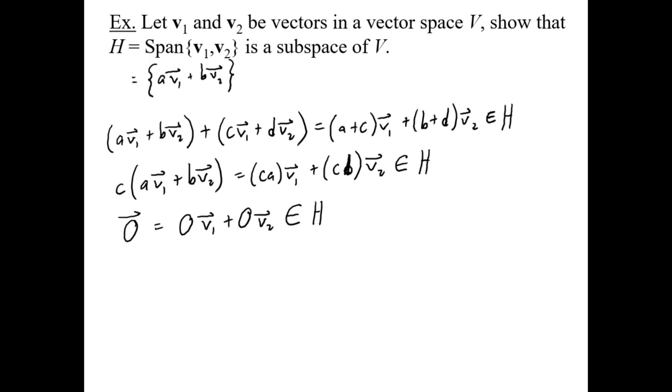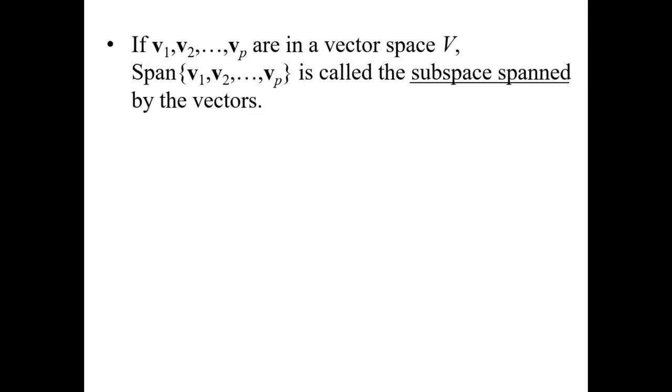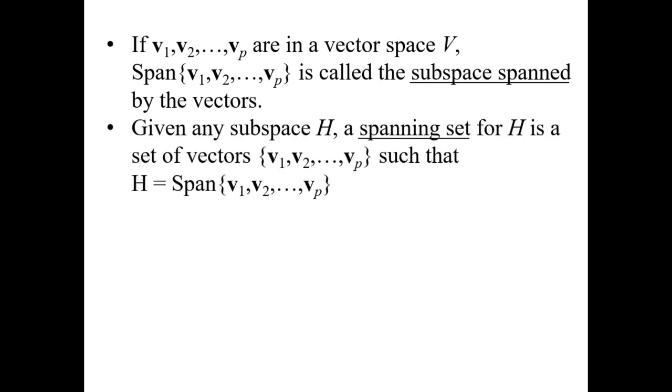Okay, so for that reason, yep, the span of any two vectors, and again, it wasn't unique to two, the span of any number of vectors in a vector space results in a subspace. Okay? So if these vectors are in V, then the span of these vectors is called the subspace spanned by those vectors. Very creative naming, I know.